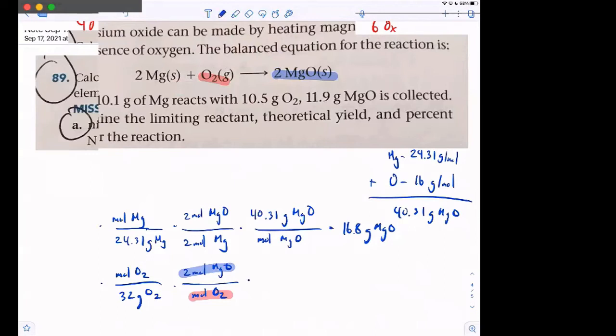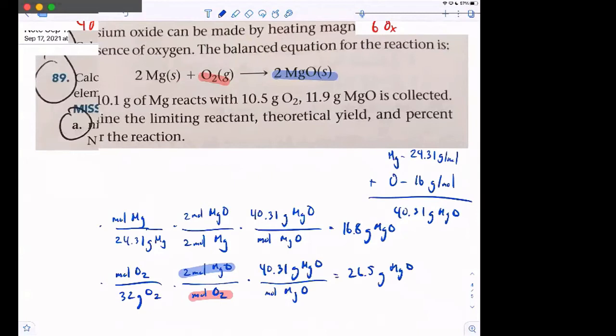And then same thing, 40.31 grams magnesium oxide to moles magnesium oxide. Doing this, you get 26.5 grams magnesium oxide.